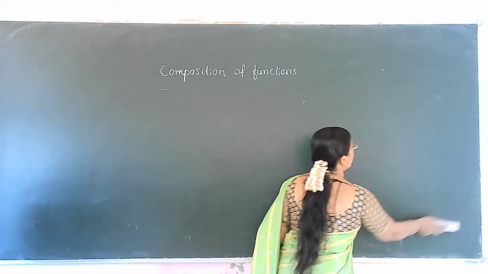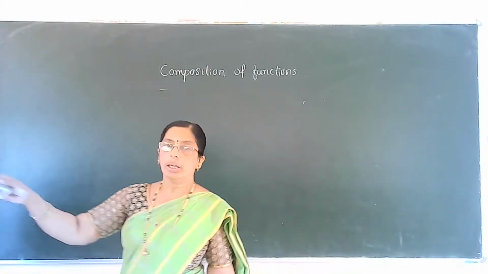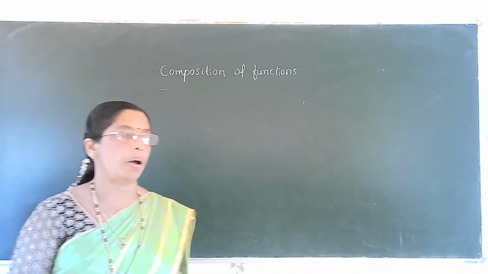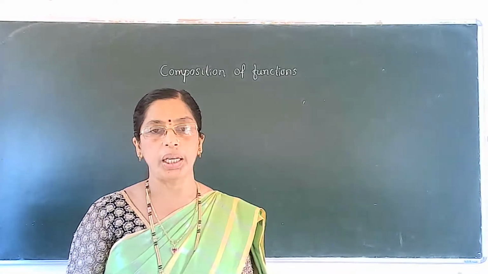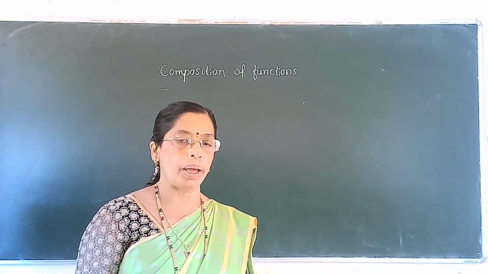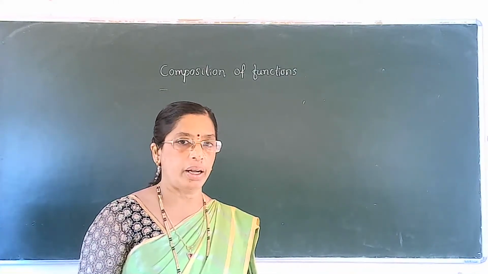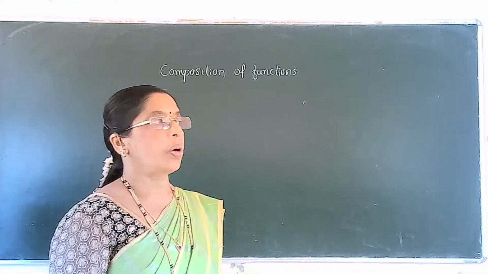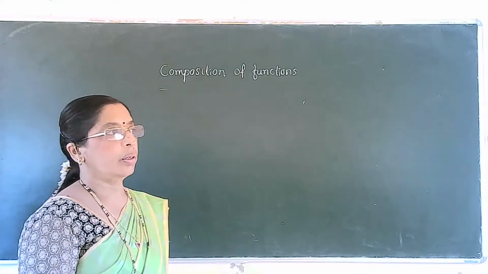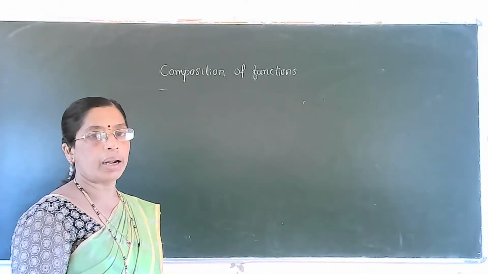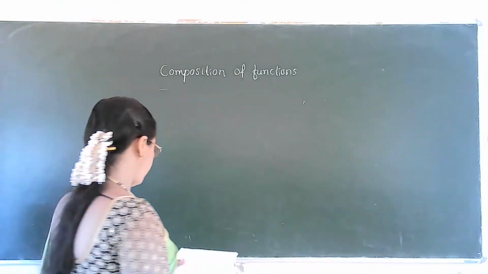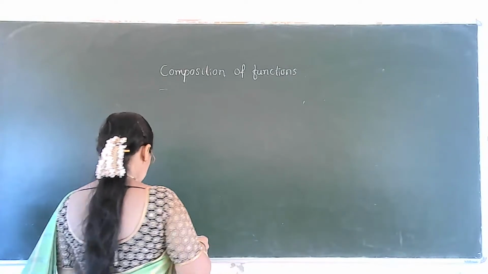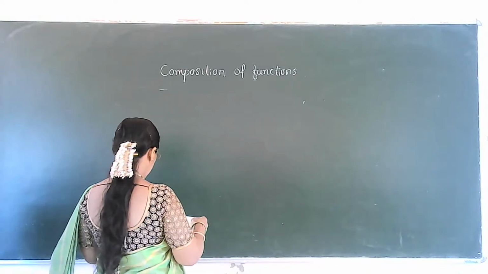Or we find f composition g and g composition f. If we get the identity element, then we call it an invertible function and find the inverse also. We solve this type of problem here.